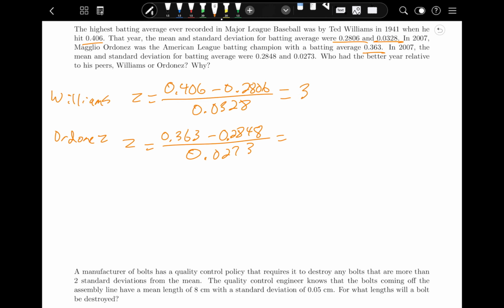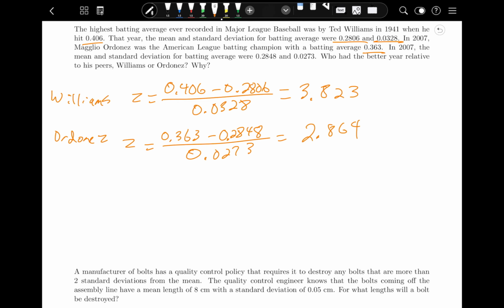So Ted Williams had a Z-score of 3.823, and Ordonez had one of 2.864.